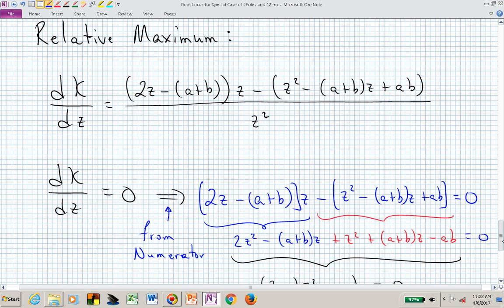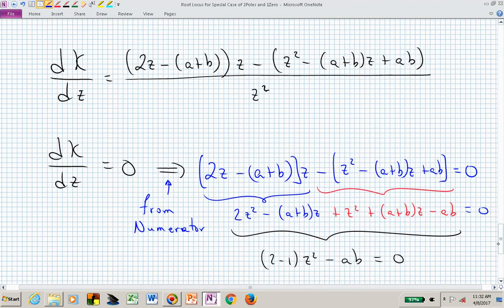You can see that we can combine the Z squareds. So we now have 2, and I have to correct my algebra, don't I? So this is now a minus Z squared.